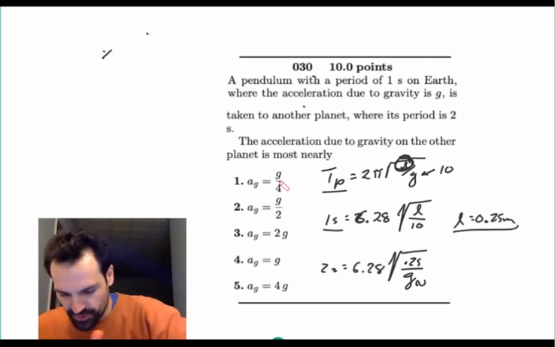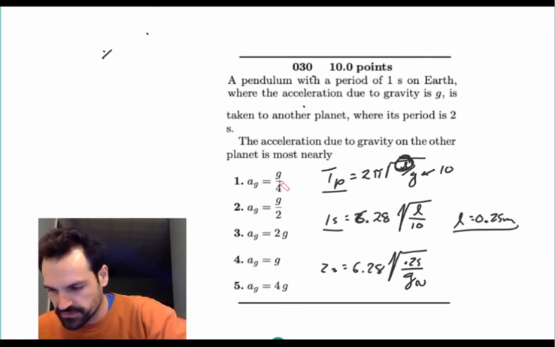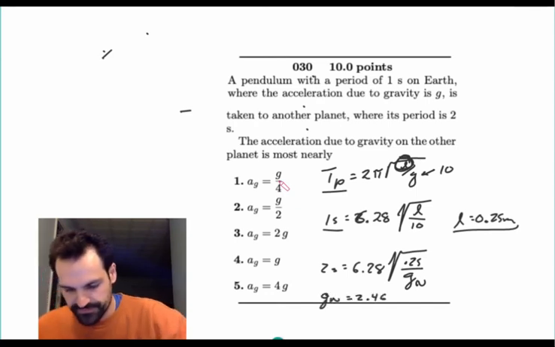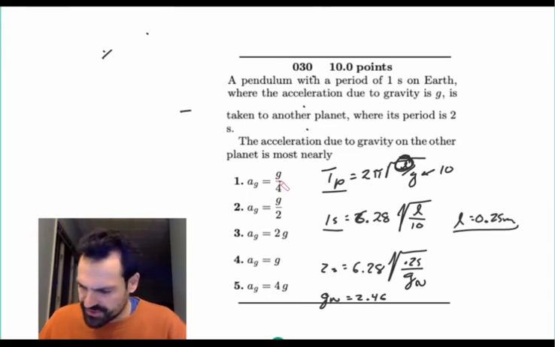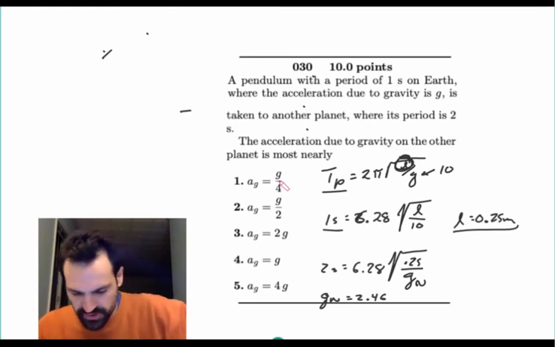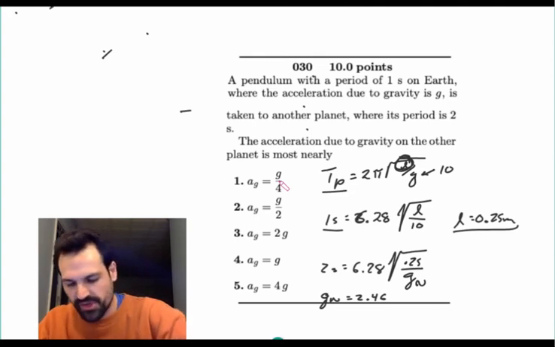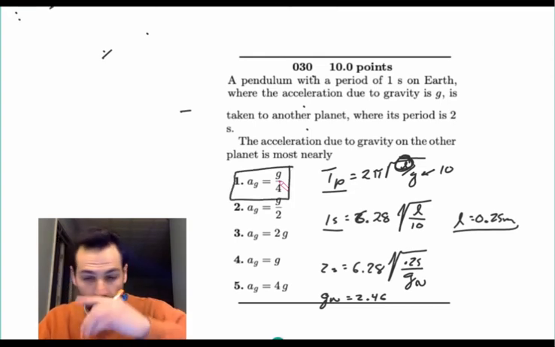And you will get 2.46 equals new gravity, which is how many times Earth's gravity? 2.46 divided by 10 is about 1/4 of gravity. So the acceleration of gravity is g divided by 4.